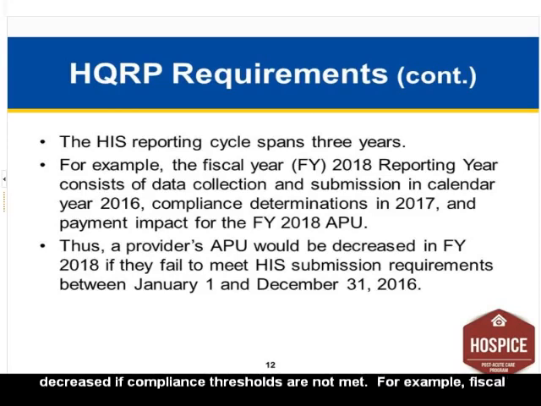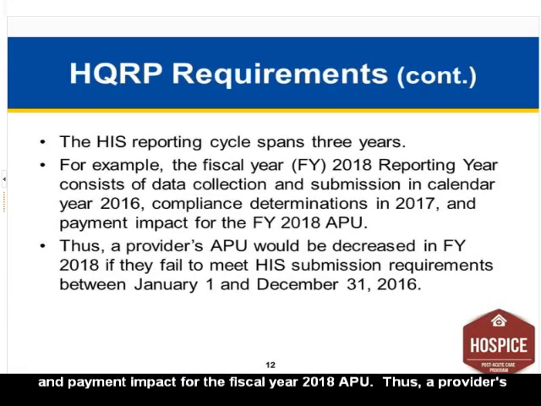For example, fiscal year, or FY 2018 reporting year, consists of data collection and submission in calendar year 2016, compliance determinations in 2017, and payment impact for the fiscal year 2018 APU.